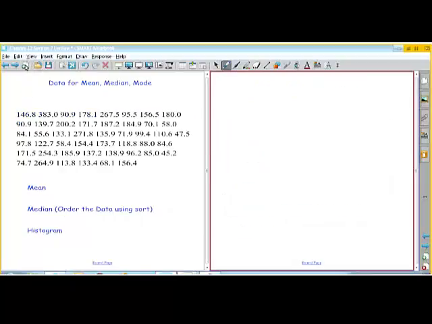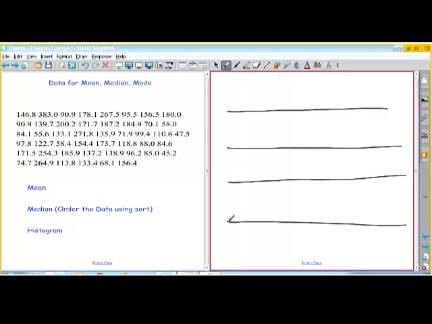So what I would probably do is break it up into subgroups, so I have some organized way of doing it, maybe in hundreds. I'd draw these lines and say, from 0 to 100 put here, from 100 to 200 put there.